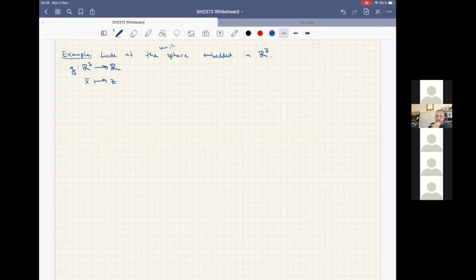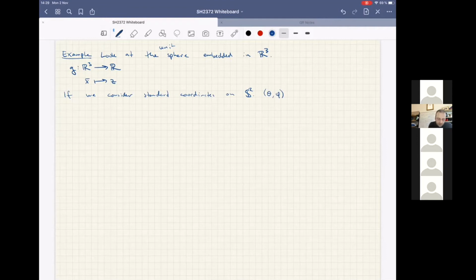Now, if we consider standard coordinates on the sphere, these are the coordinates phi and theta, the composition of g and f.